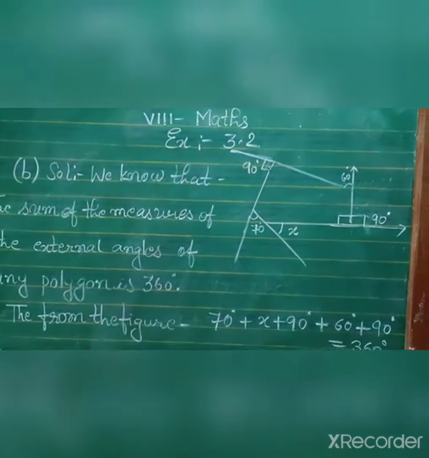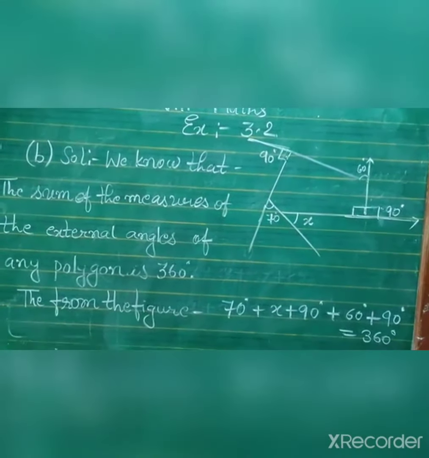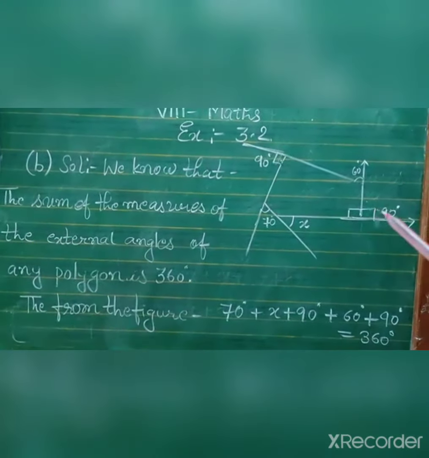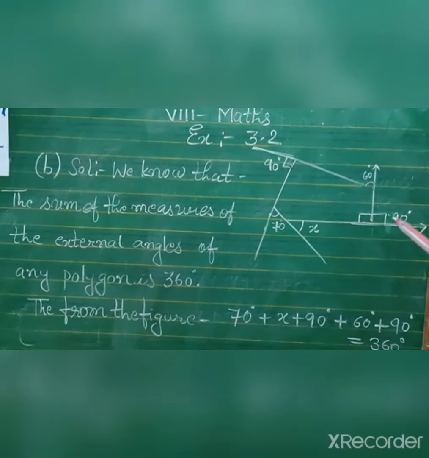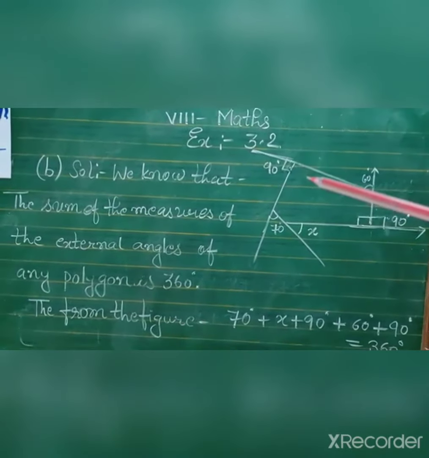Now we will start exercise 3.2, the first question. The second part I am solving. The given figure is in this way, but you can see here it is 90 degrees, so this angle also will be 90 degrees. Here this is 90 degrees, so the interior angles also will be 90 degrees.